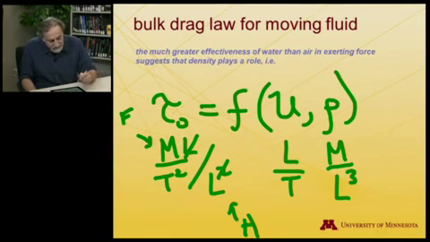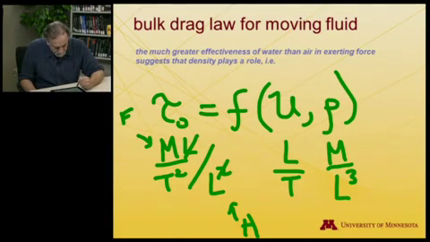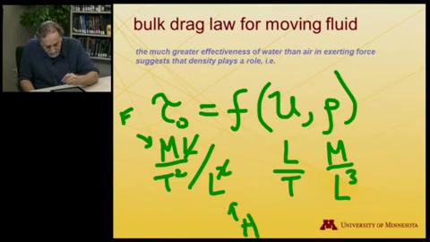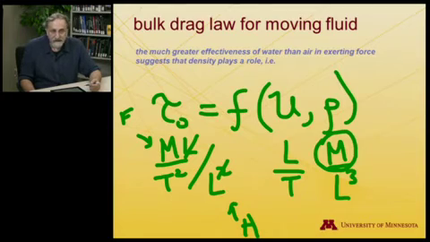If you stare at this for a minute, you can actually see, if you compare the units on the left and the right, that, first of all, we only have one unit with mass in it, and that is the density. So the density has to enter this linearly, because otherwise there's no way the units can balance.